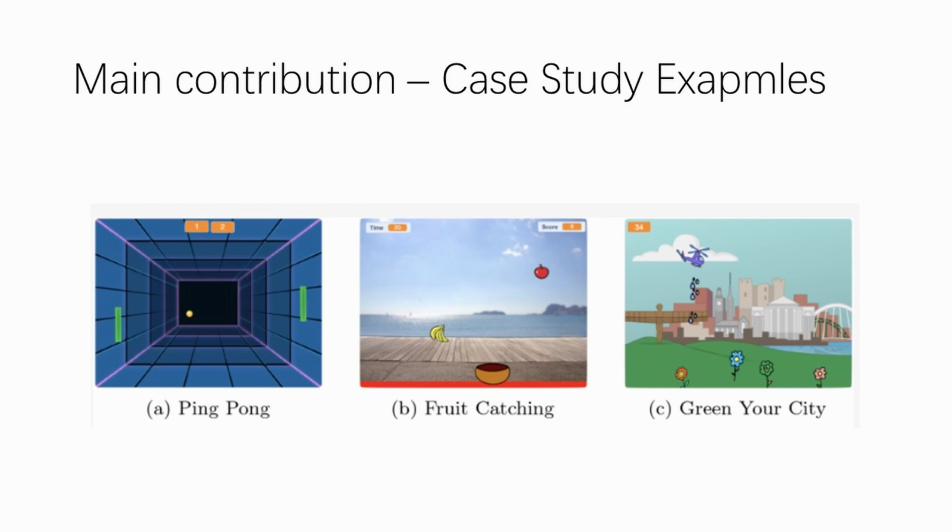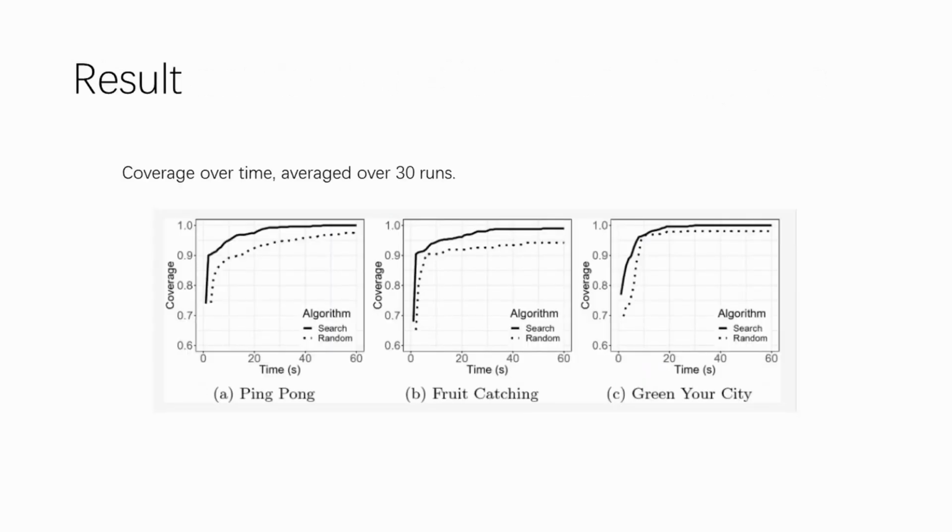They are A. Ping Pong, B. Fruit Catching, C. Green Your City. The figure shows the coverage over time, averaged over 30 rounds, with the evolutionary search of the paper and random generation. We can tell from the figure that for the 3 examples, the search requires around 30 seconds until all statements are covered, while random usually takes longer.